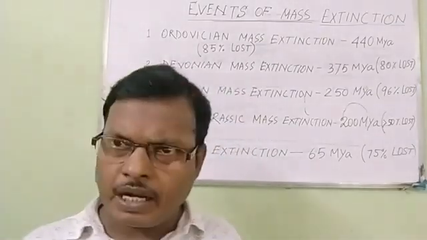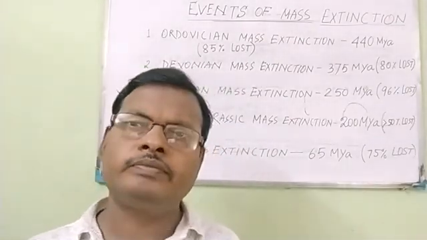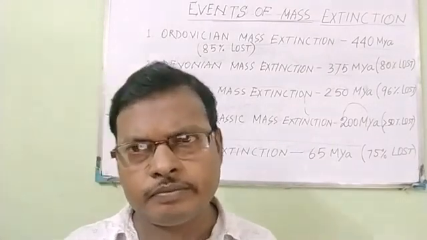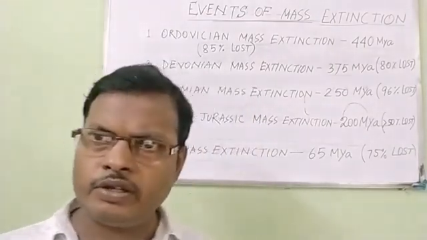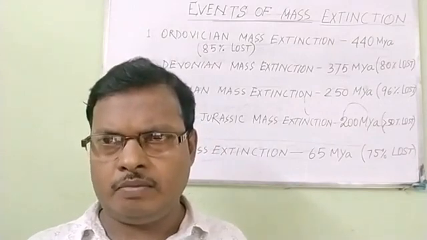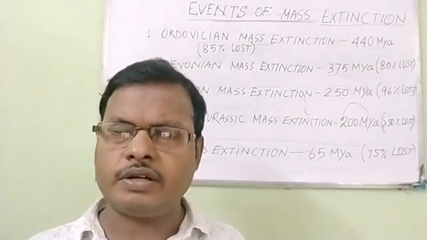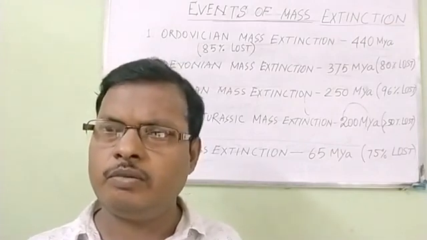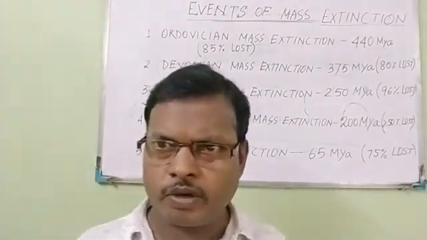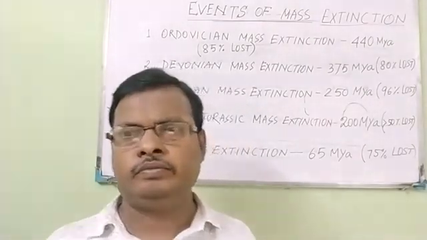Within a short period of time, when a large number of species disappeared from the earth during geological time, this is mass extinction. Mass extinction rendered loss of a huge number of species, in most cases about 50% or more, from the earth's surface.